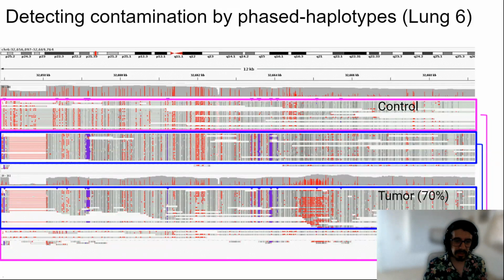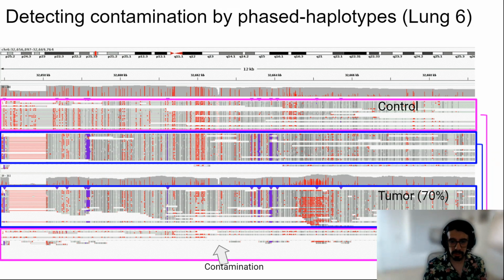What this means is that as we know this sample has contamination, we have loss of heterozygosity in the tumor, and the reads that come from the pink haplotype come directly from the control, which means it is a contamination.